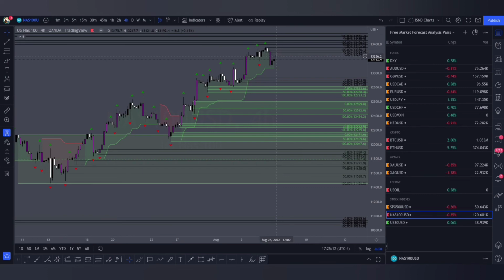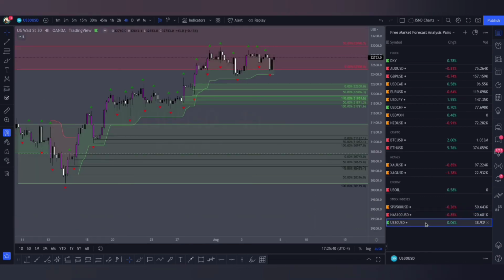So we're probably going to have to wait for this unmitigated demand to be taken out or respected to see how we can trade this, or we can drop down to a lower time frame, maybe the 1 hour, and look for an unmitigated supply, if any, to take this to the downside to trade along the short-term currency bias.